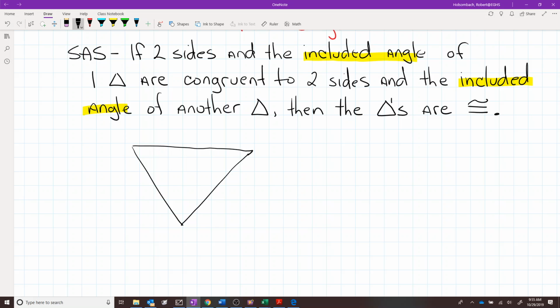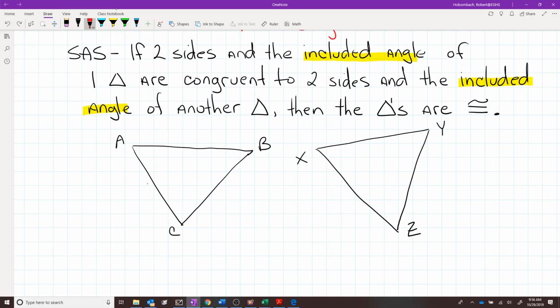If we got a triangle here, ABC, and another triangle, XYZ, and we got two sides and an included angle congruent to two sides and included angle of another triangle, then the triangles are congruent.